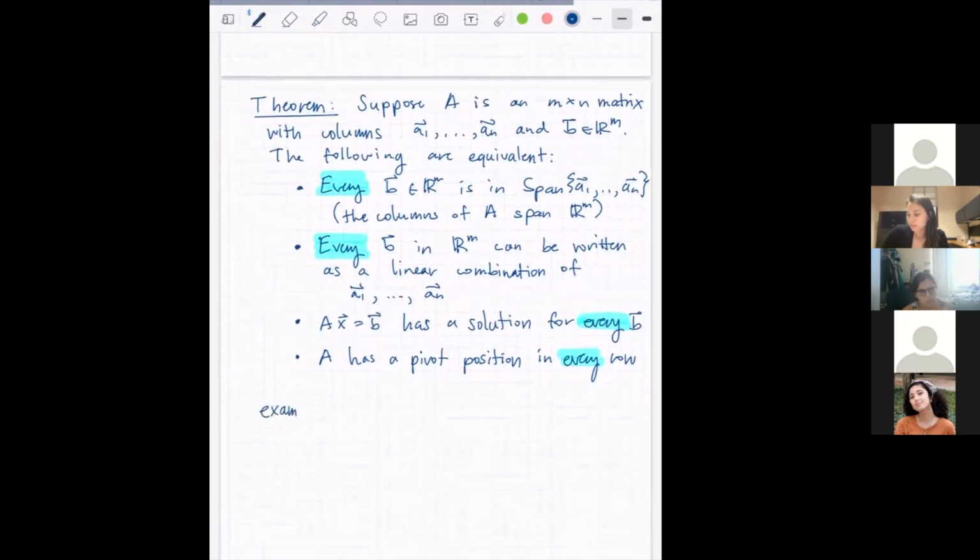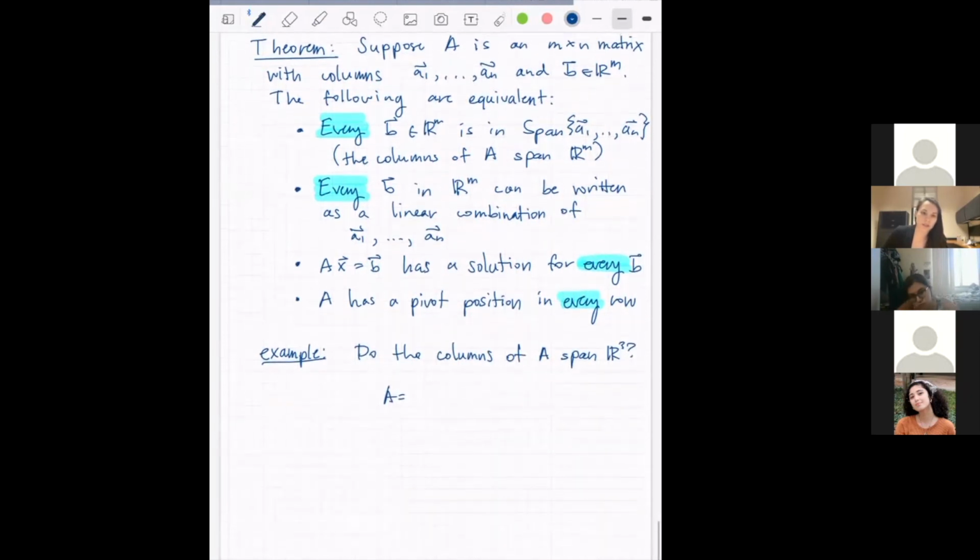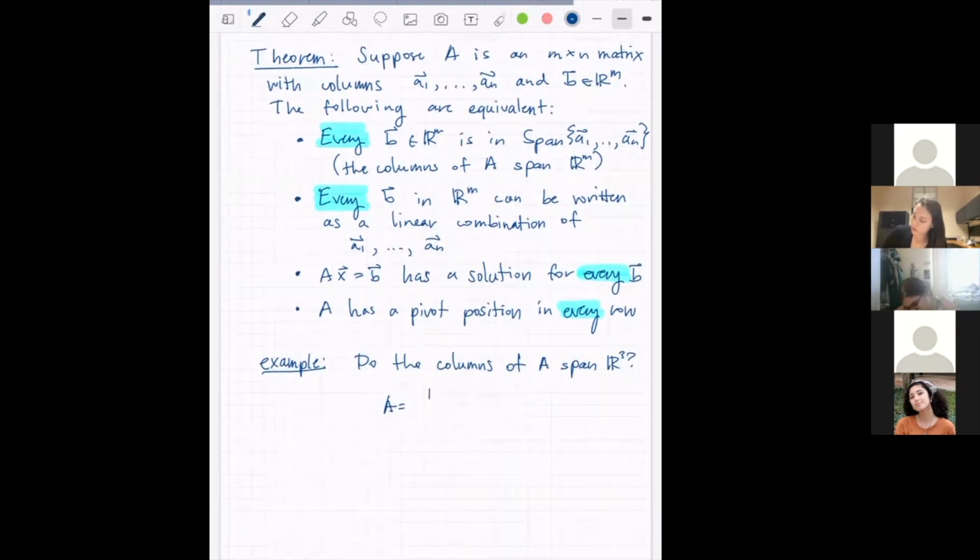Now let's do an example where we are using this theorem. So we might ask, do the columns of a matrix A, which we'll write down in a second, span R3? That's the question. Here's the matrix: 1, 2, 3, 4, 5, 6, 7, 8, 9, 10, 11, 12.